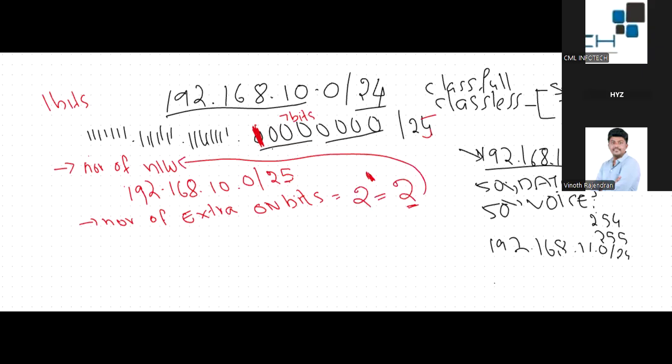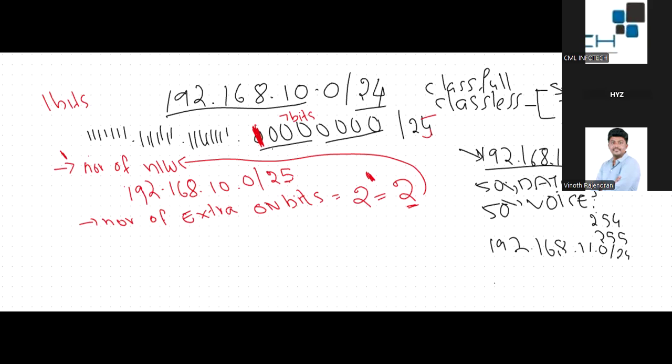So the first task is to identify the number of networks. Earlier, when you had 192.168.10.0/24, you had only one network, 192.168.10.0, and you had 254 IPs within that.